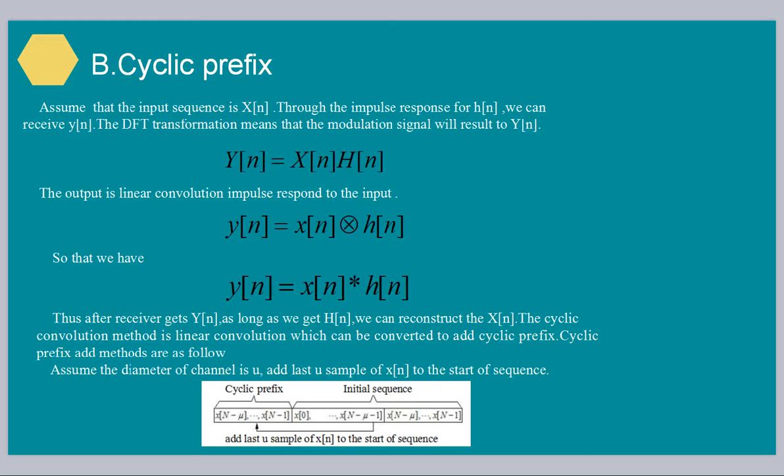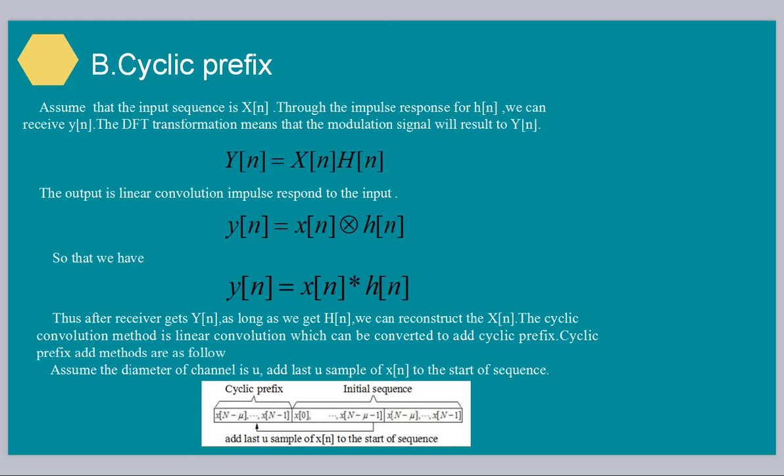The output is the linear convolution of the impulse response with the input, so y[n] equals x[n] convolved with h[n]. In the frequency domain, Y equals X times H. Thus, after the receiver gets y[n], as long as we get h[n], we can reconstruct x[n].